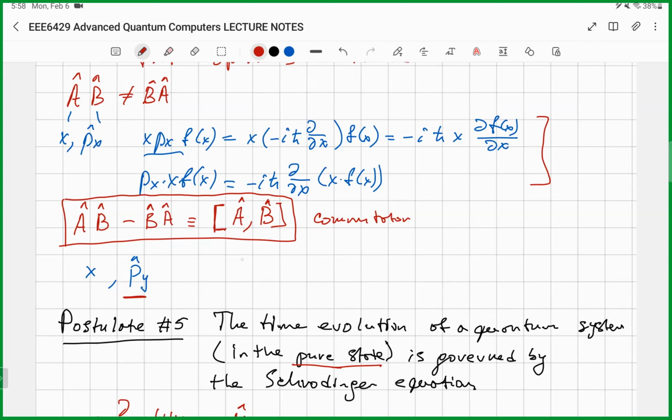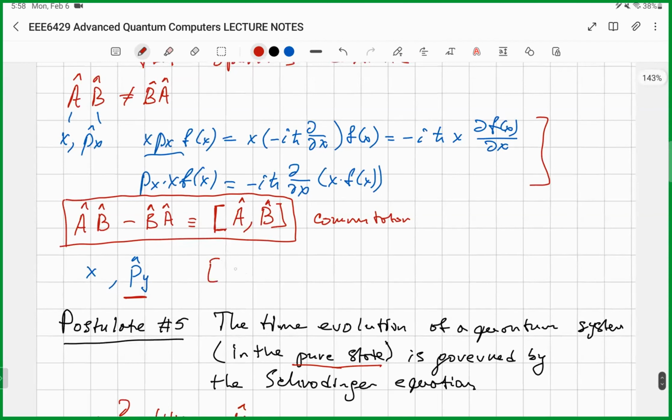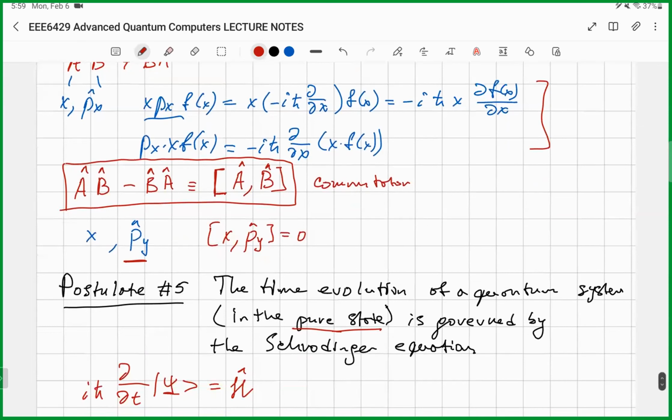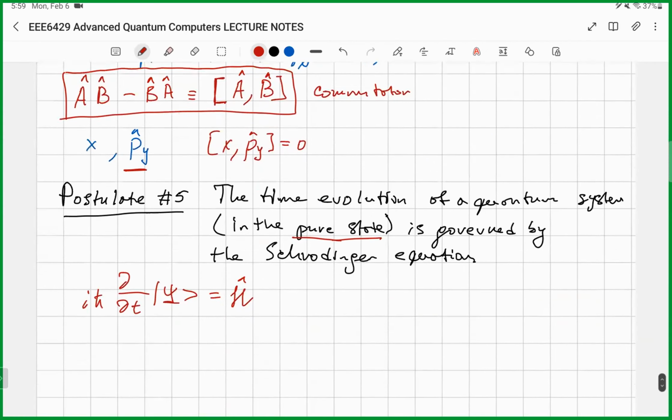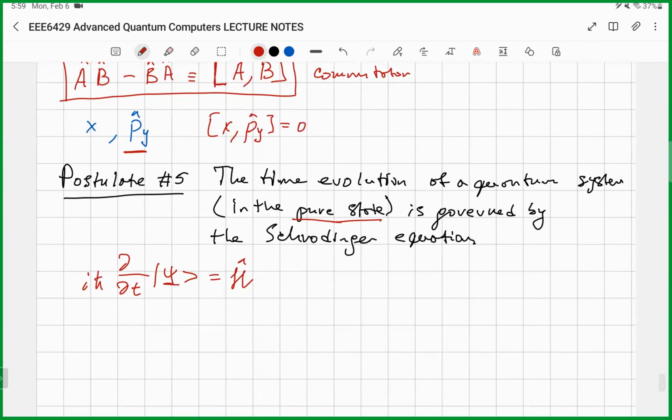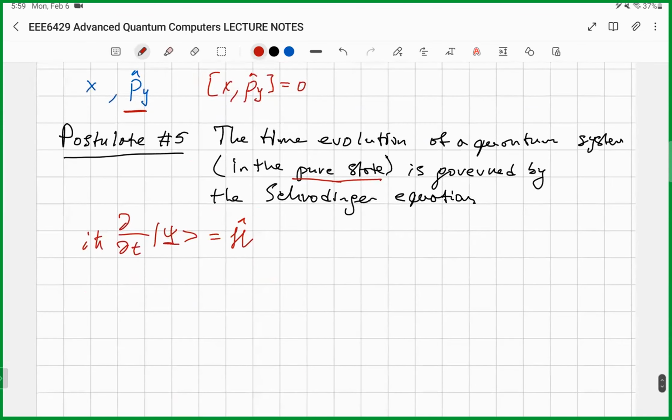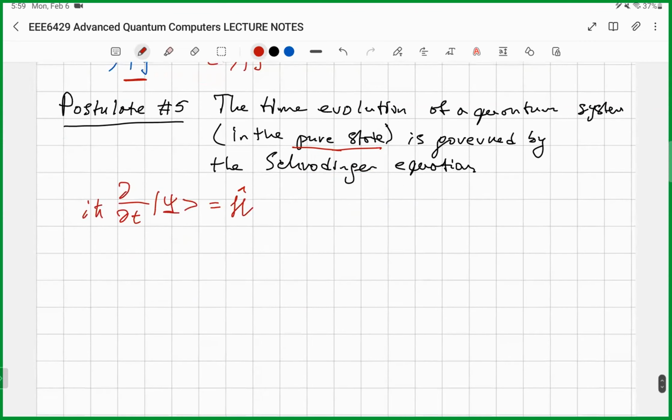So this commutator of x and py will be equal to 0, and in this case you can measure this coordinate x and momentum py perfectly. You can detect them without any quantum noise. Yeah, and we will discuss this in a while, hopefully today. But let's get back to this Schrodinger equation.